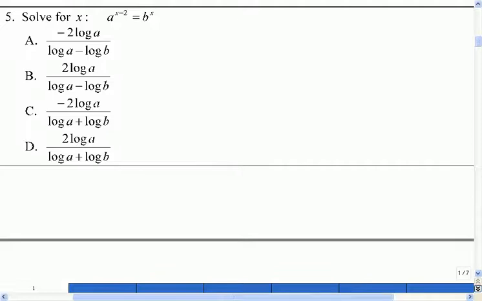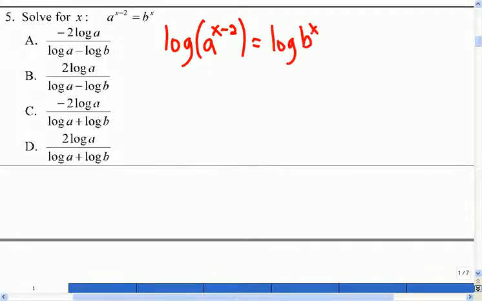But you're going to have to log both sides. So this is the strategy that you'd have to go into, is we'll log both sides of the equation. And the reason that this becomes helpful to me is these exponents can now be brought down as multiplication.